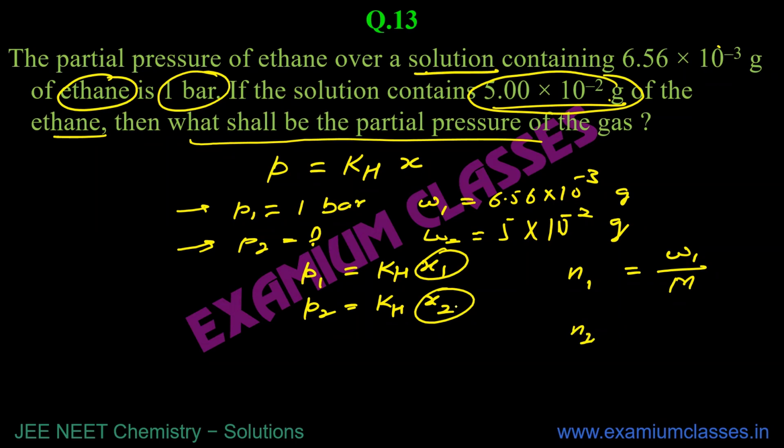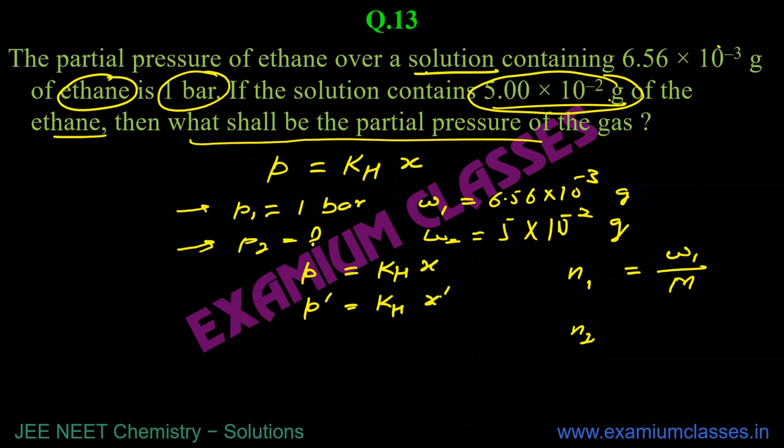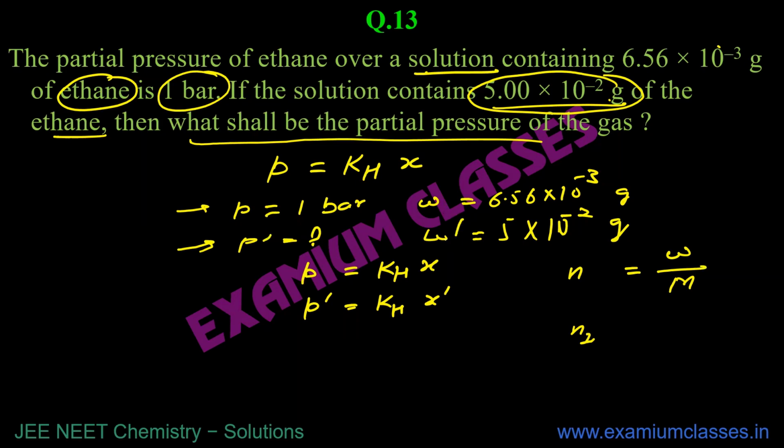And for the second case, I'm just changing the notation so that there is no confusion. I'm writing P dash and X dash. So N in the first case is W divided by M, and N dash will be W dash divided by M.